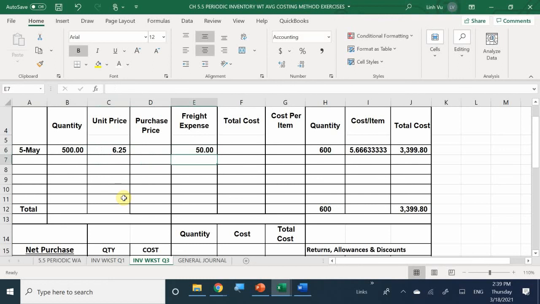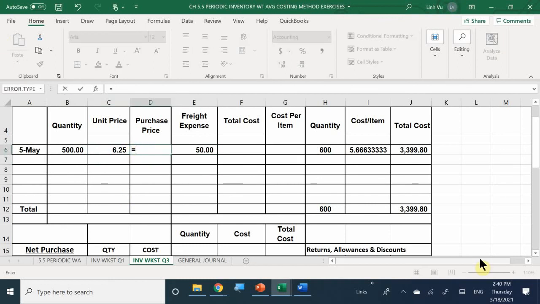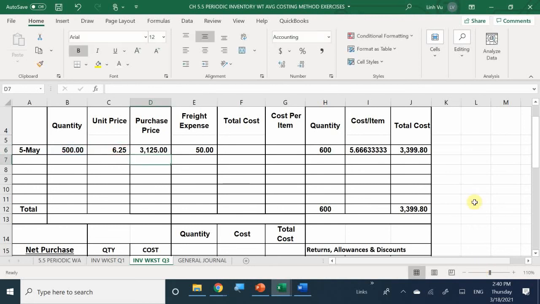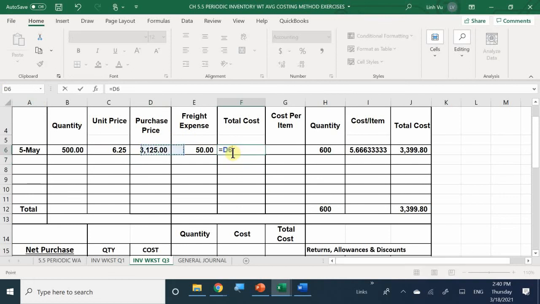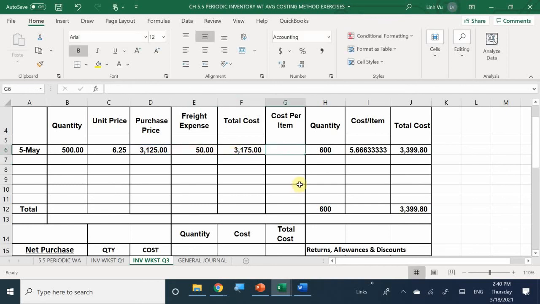So what is my total purchase here? $3,125. Plus my freight would give me my total cost. So what is my total cost? $3,175. In this case, I am not going to calculate my cost per item because I have beginning inventory.